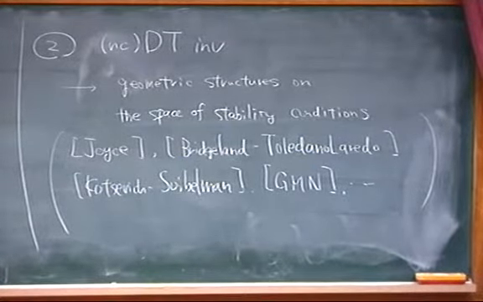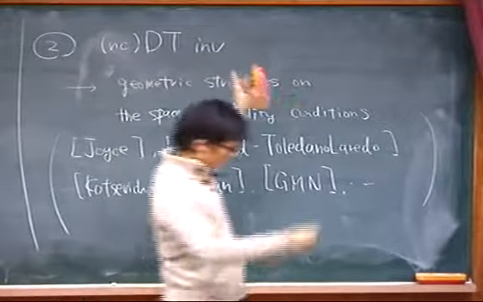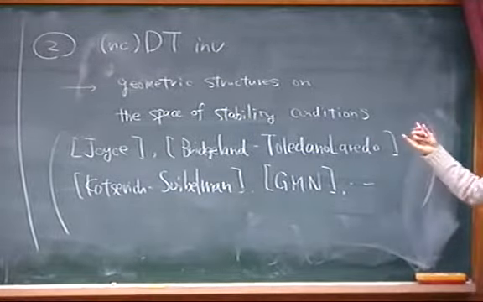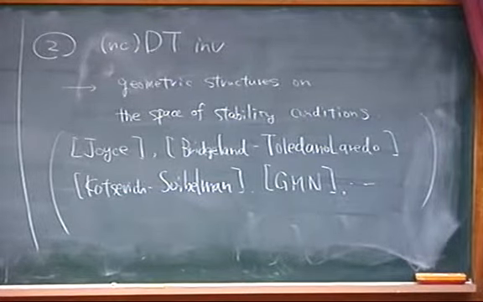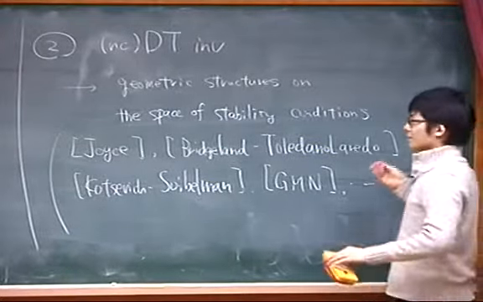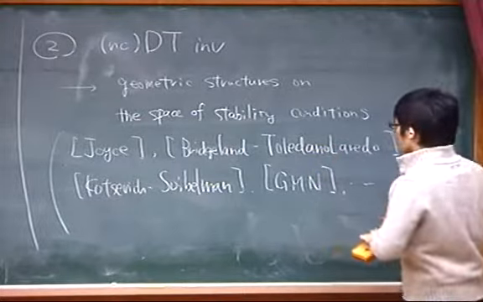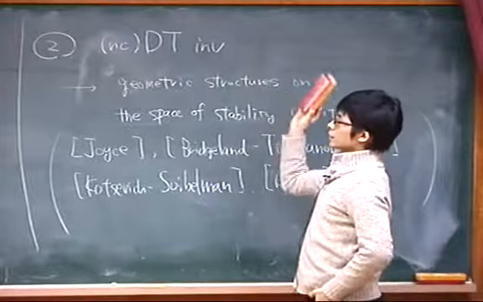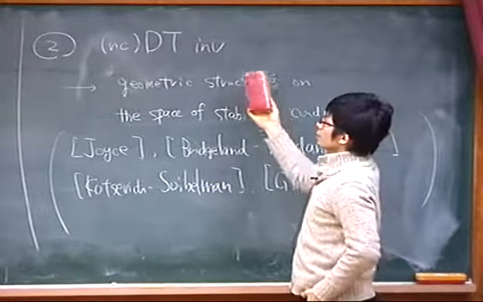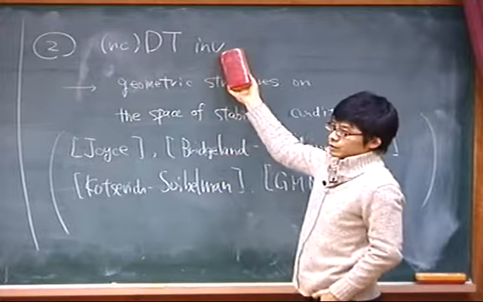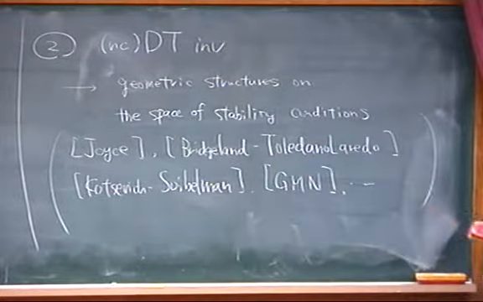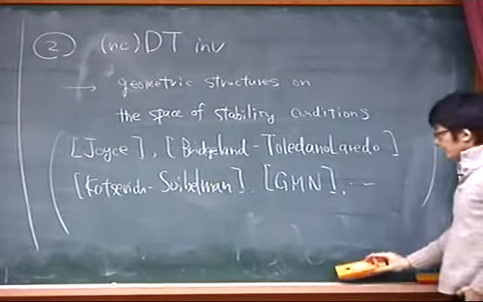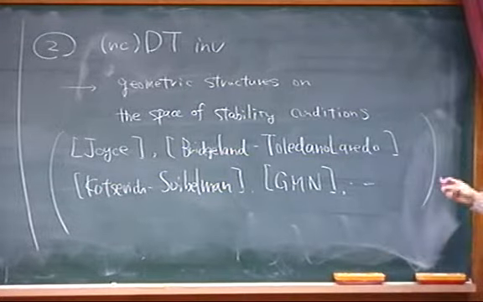Well, what does this mean? The space of stability conditions is a complex manifold due to Bridgeland, but it is expected that it has a much more enriched structure. And we expect that we can construct such enriched structures using the information of counting invariants of the triangulated category.